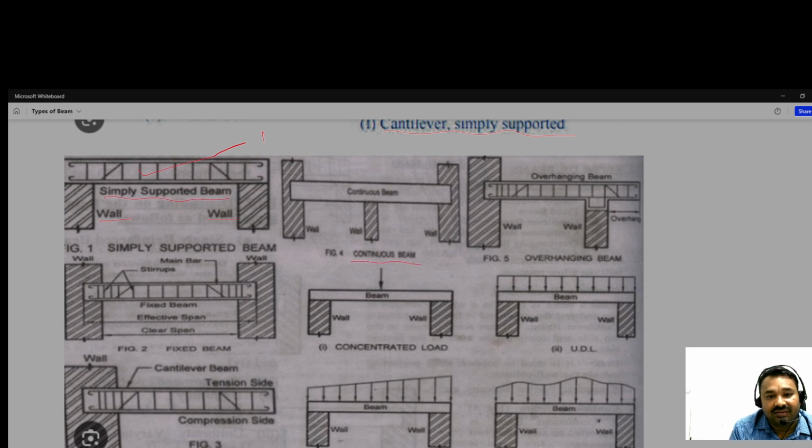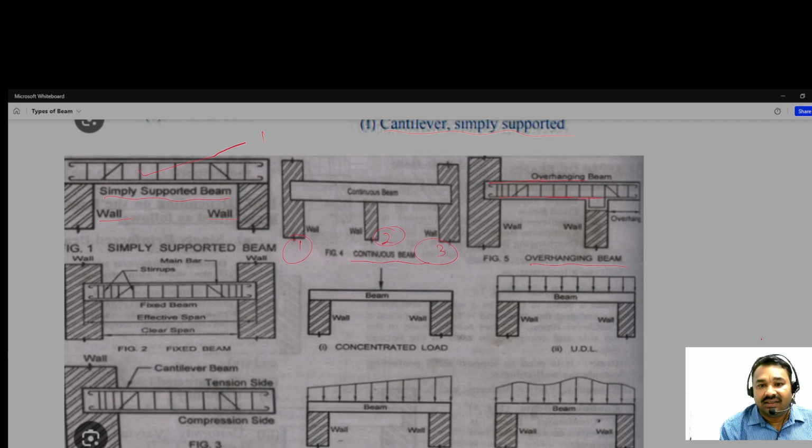Continuous beam, so this is continuous beam, and this is wall 1, wall 2, wall 3. Overhanging beam. This, आप ये सब देखते होंगे, विजुलाइज करते होंगे, आप जहाँ भी जाते होंगे तो विजुलाइज कीजिएगा. ठीक है, आप देख सकते हैं overhanging. So this is the beam.